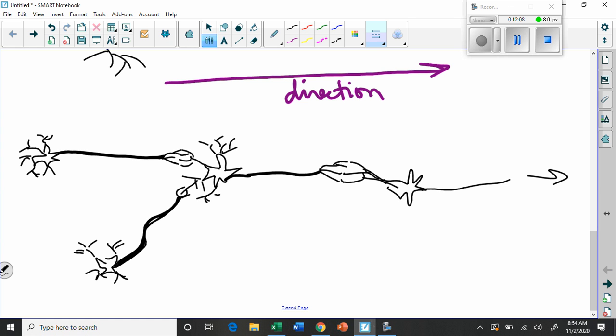And the process would just continue. So you can get a network of many different neurons all interconnecting. So it doesn't have to be just a singular line. It's a network, which means you can have many connected to many. The way the nerve cells are designed, you can have several.